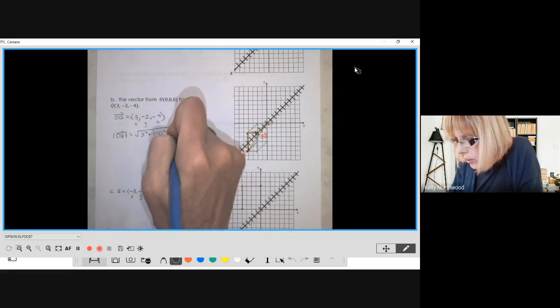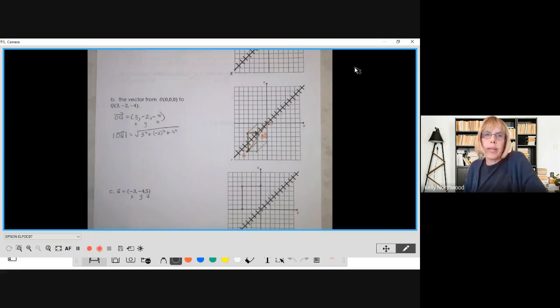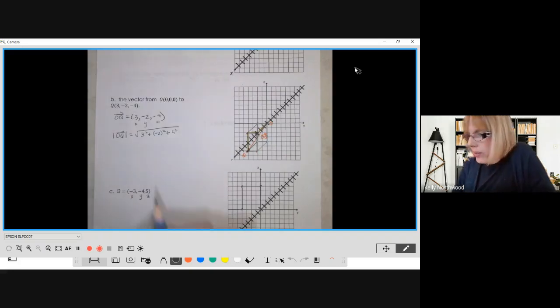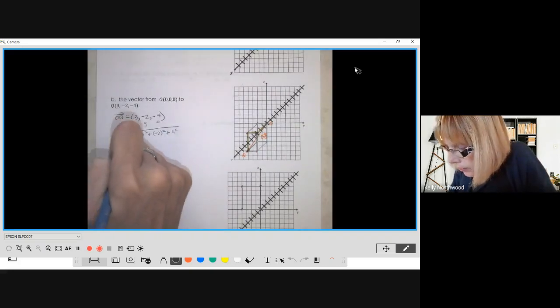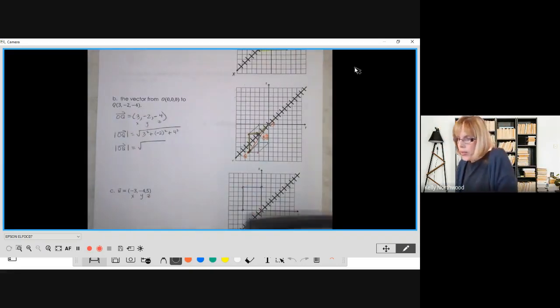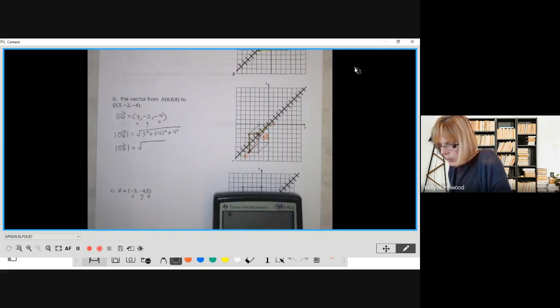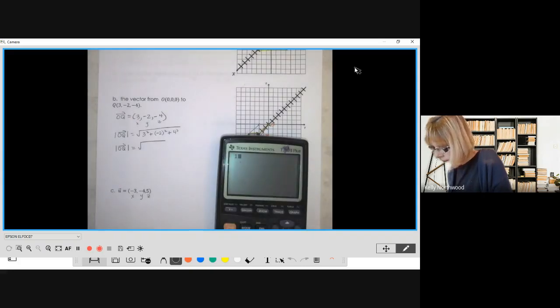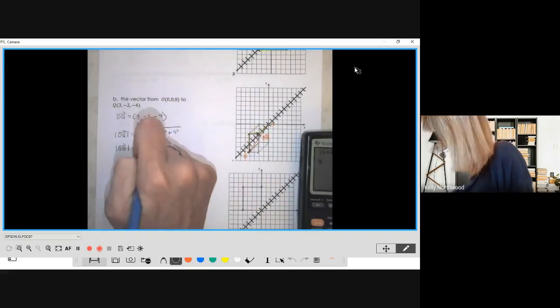You can just write 4 squared and ignore the negative, because you know in your heart that when you square a negative number, you're going to get a positive number. So the magnitude of that vector is going to be 16 plus 14, square root of 29.